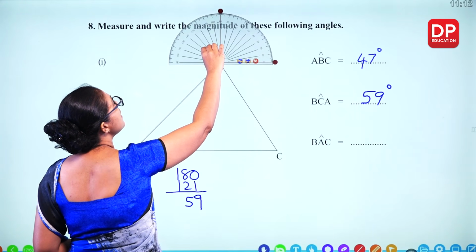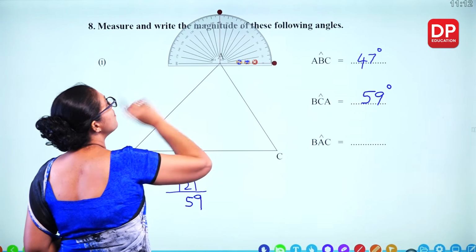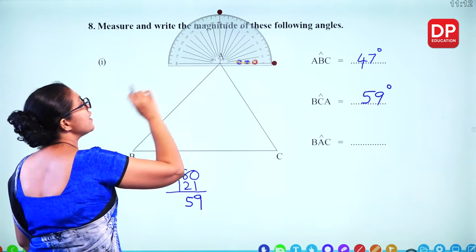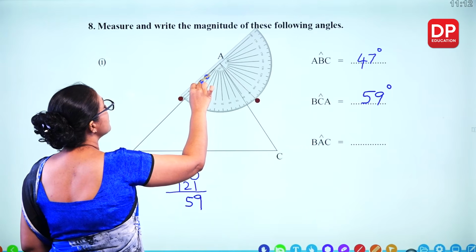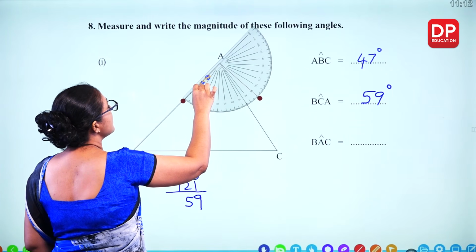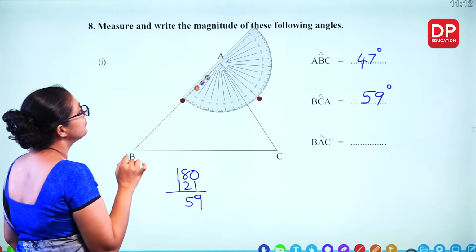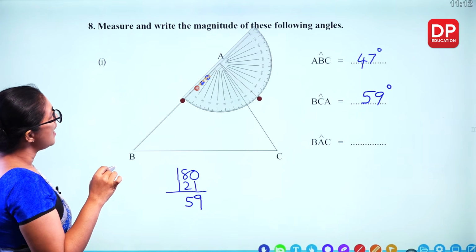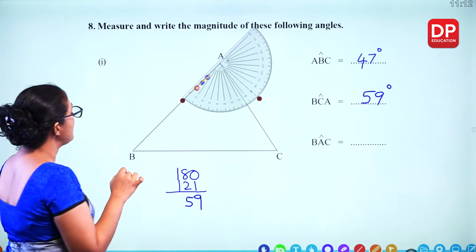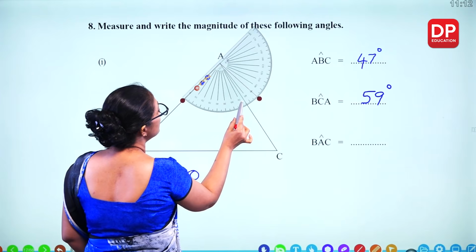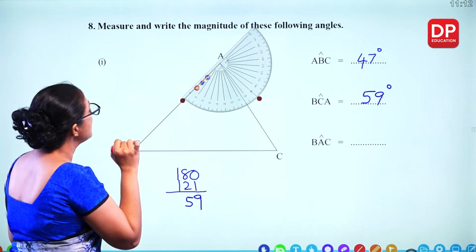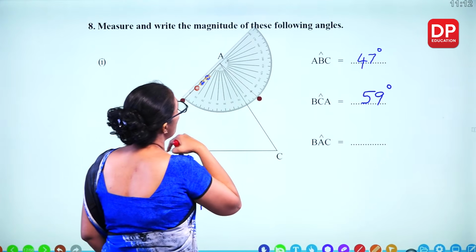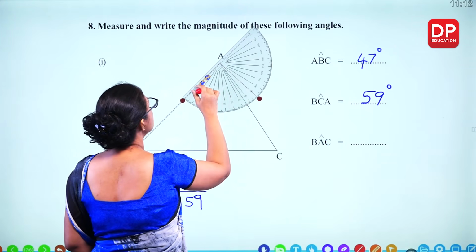So I can keep the point on top of point A and then rotate this so that you get the baseline correctly. Now, what's the angle A? BAC angle from here, I get 74 degrees.